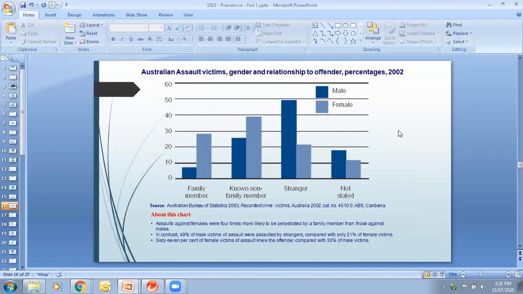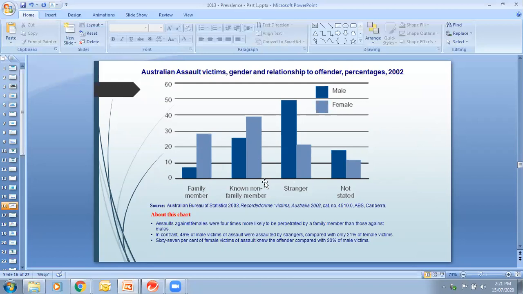Australian assault victims, gender and relationship to offender. All right. So if you have been assaulted and you are a female, you are more likely to have been assaulted by a family member or a known non-family member than you are by a stranger, or this little bit down here that's not stated.